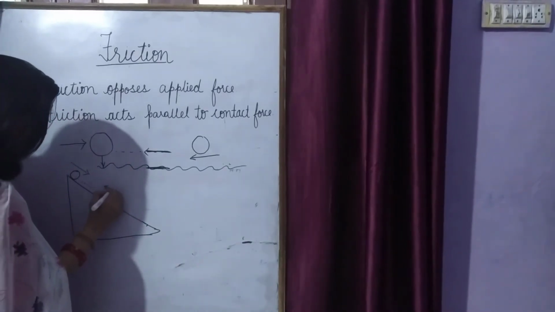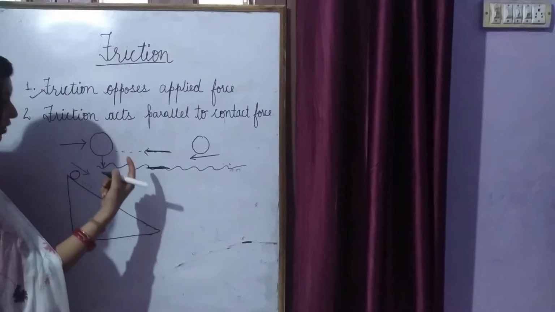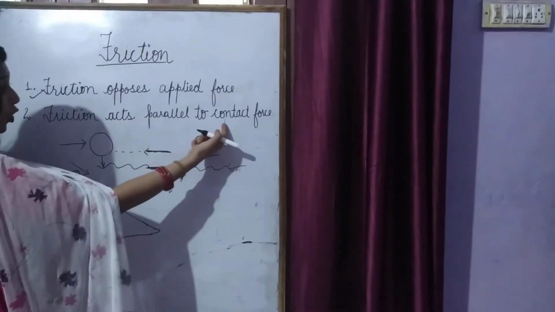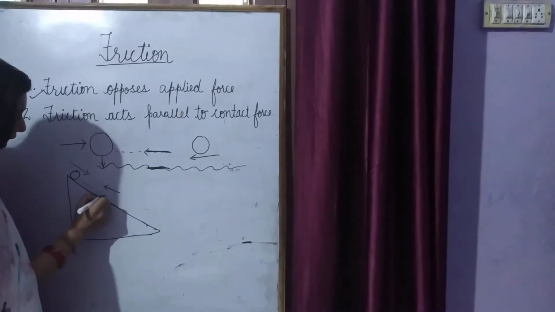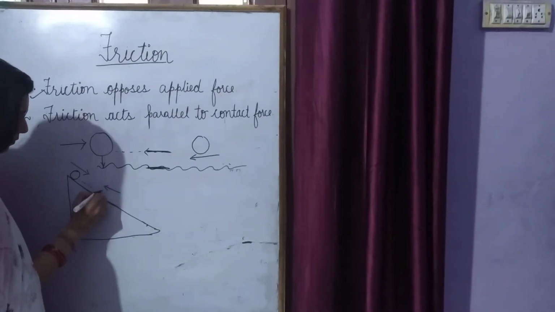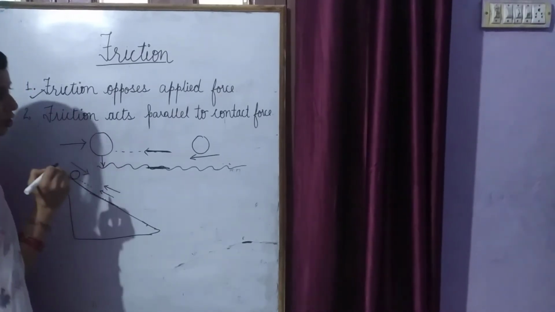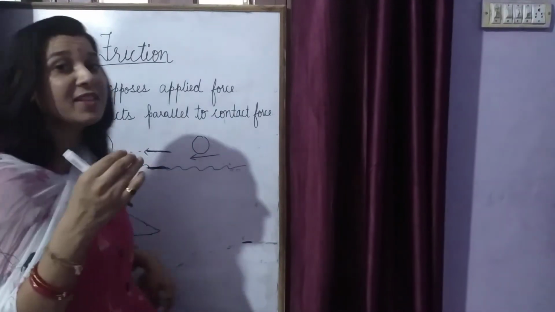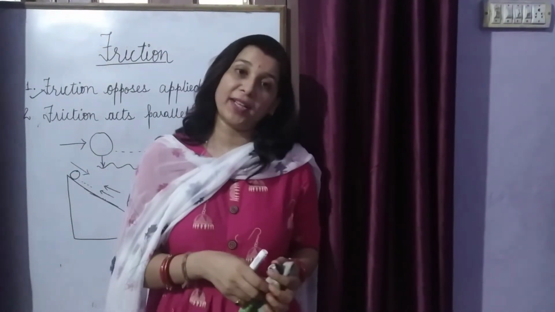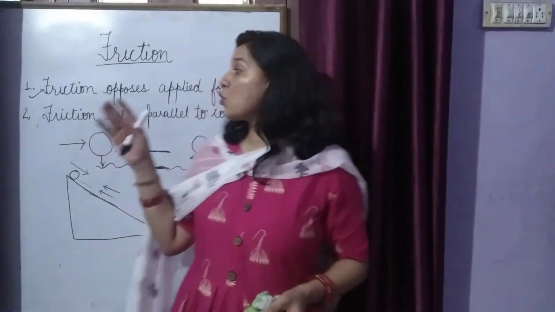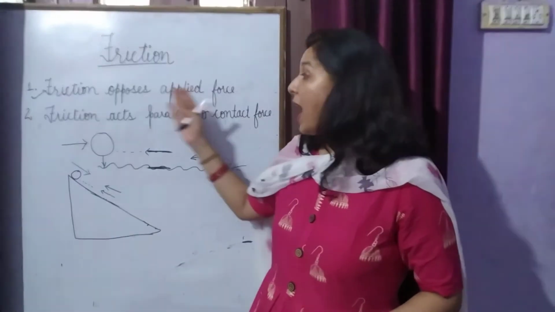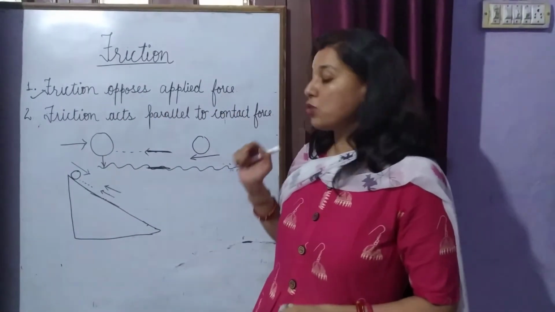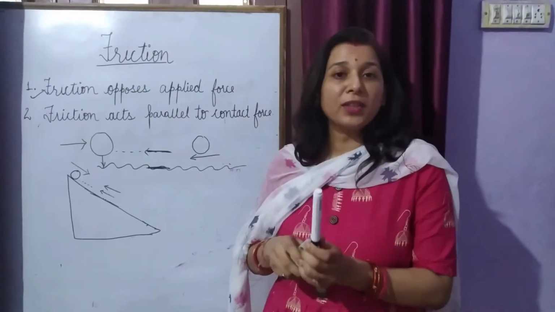This is your frictional force. And one more thing, it acts parallel to the contact surface. So this is your contact surface, and it will act parallel to this. Frictional force always acts parallel to the contact surface. So these are two important points of friction: it opposes the applied force, and friction acts parallel to the contact surface.